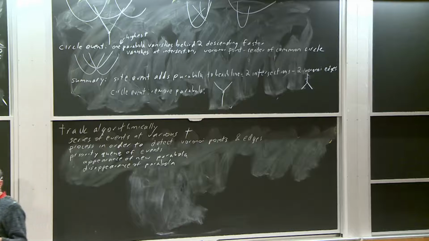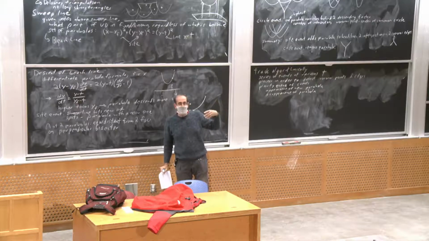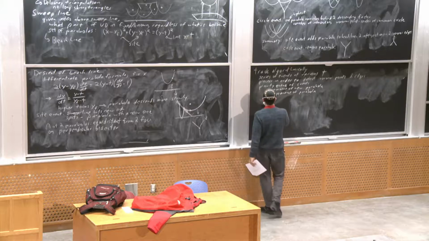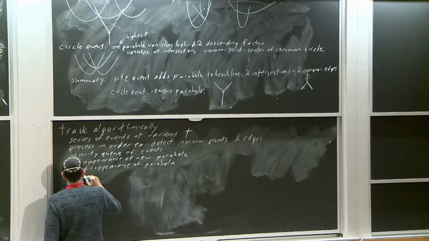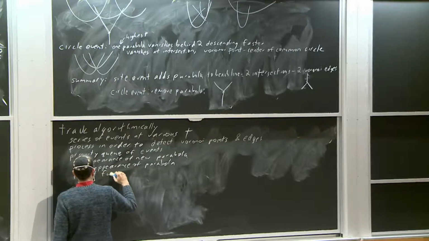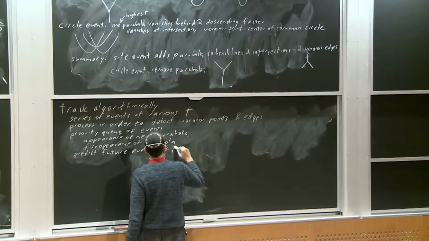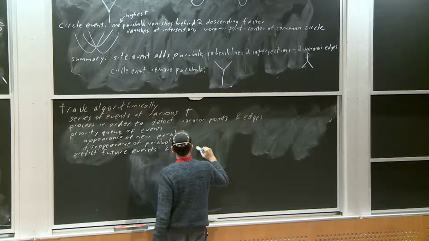And we're going to pull the next event off of the priority queue and update our Voronoi diagram, our partial data structure, right? But what we're also going to have to do is predict future events and put them in the queue.